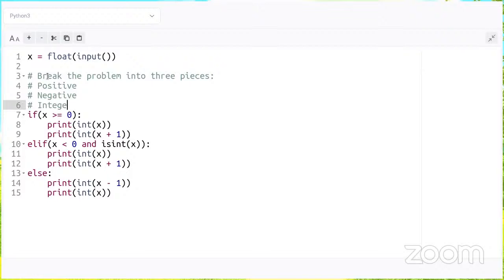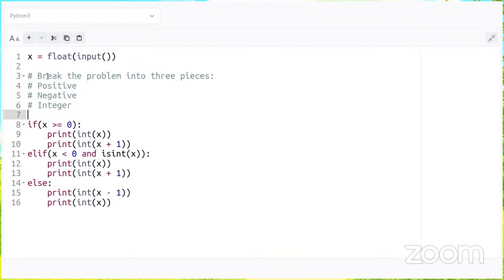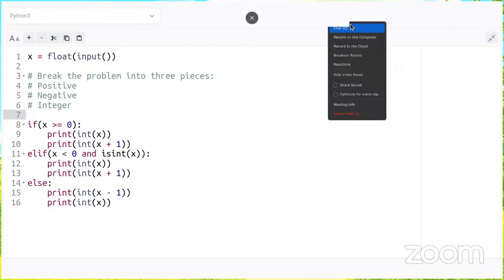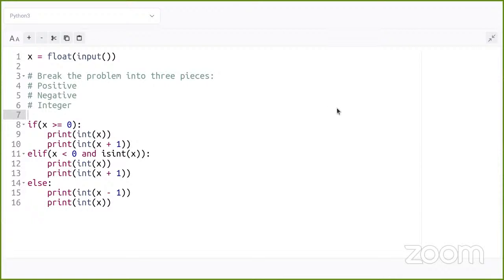So these are, broadly speaking, three different cases into which the problem falls. But we don't actually need to break it into positive and negative. It can be done in one only. We'll look at that also.